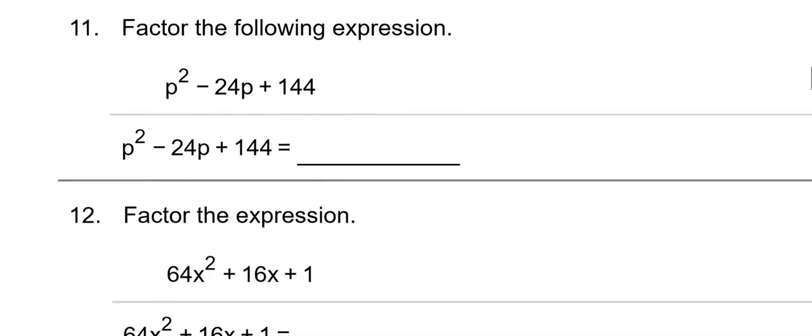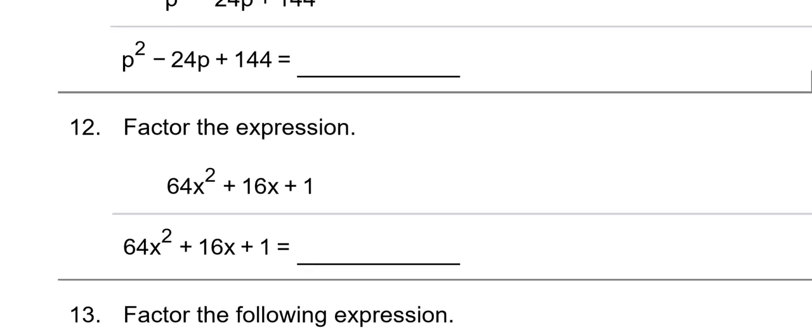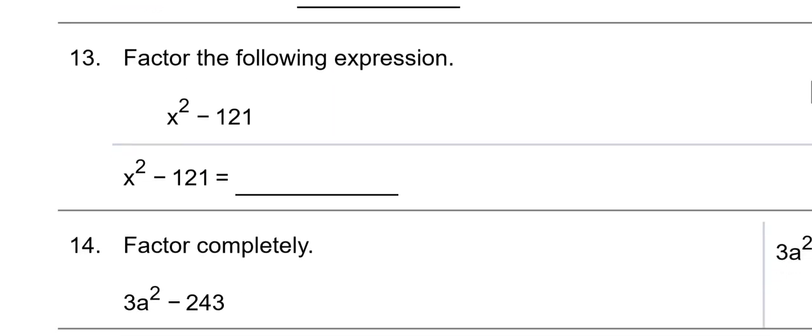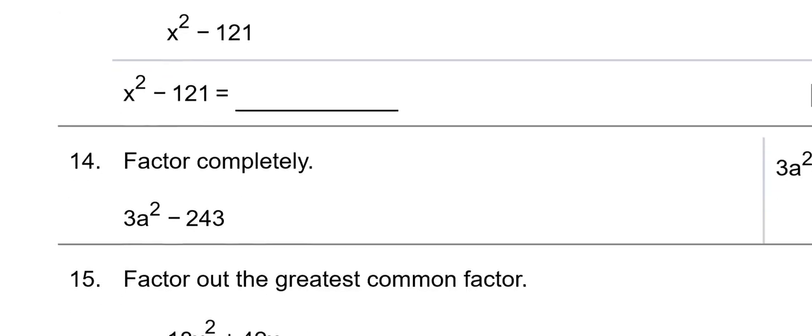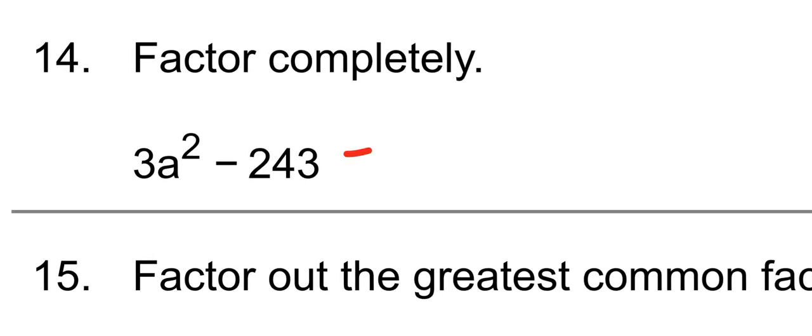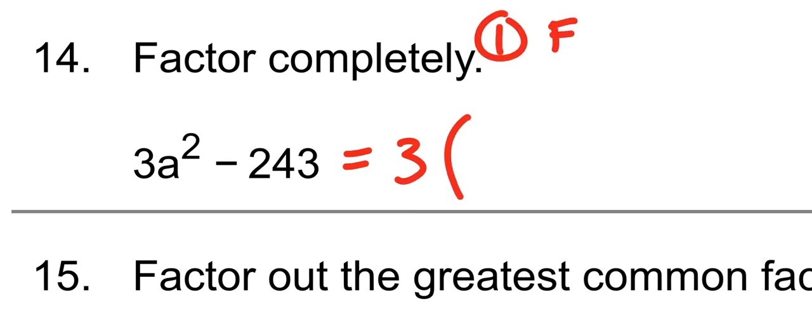11 is just more practice. 13's the exact same difference of perfect squares. Whoa, look at 14 though. There is a 3 we can pull out. Remember how we said factor out GCF?